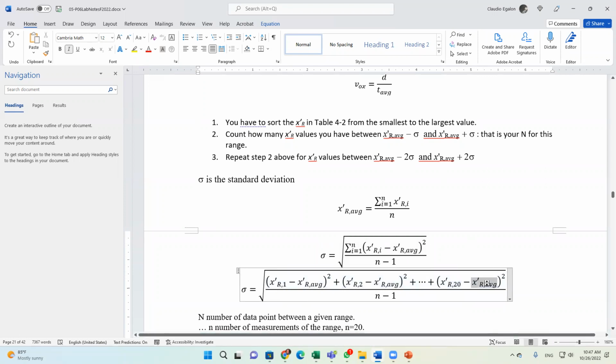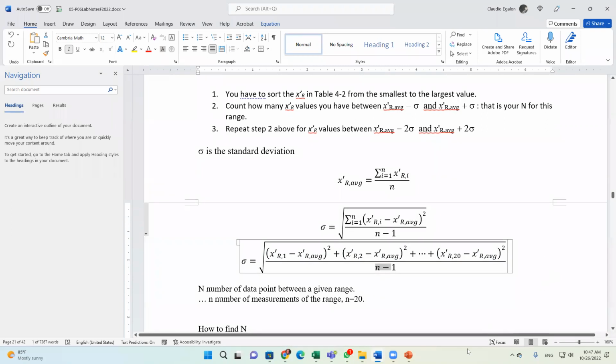Do you notice that this value doesn't change? That's the average value, given by this equation here. Divided by n minus 1, and then you take the square root. That's the definition of the standard deviation.